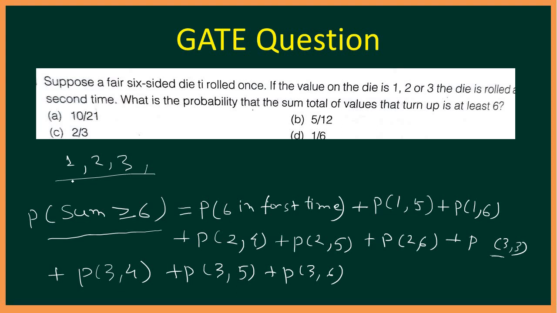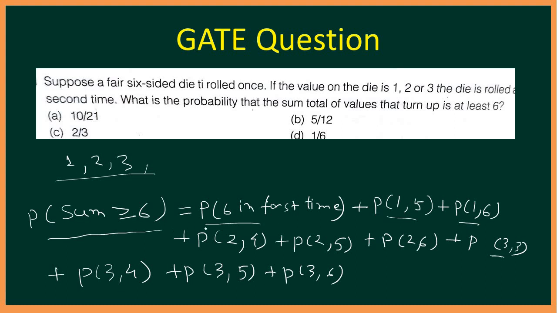Whenever we get 1, 2 or 3, only then will we get our second chance, otherwise we will not get the second chance. So there is no other possible combination where we get a sum equal to or greater than 6. These are the only events where we can get a sum equal to 6 or greater than 6.